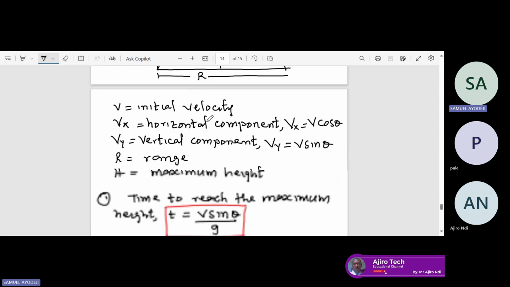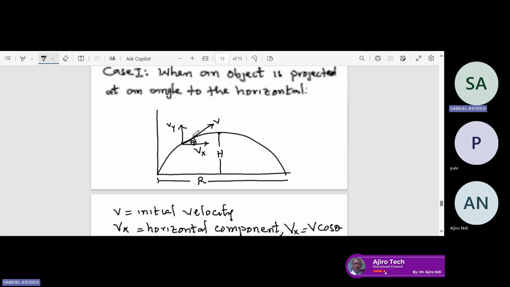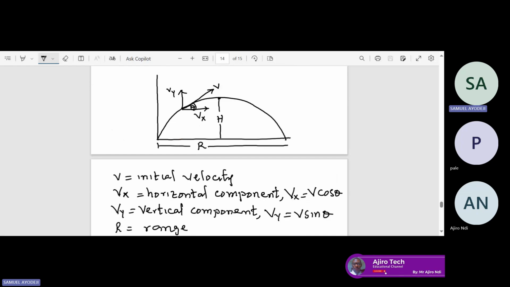Let's explain what V is. I use V here, they can also use U. Initial velocity can be U, it doesn't mean it must be V. Vx means the horizontal component and is given as V cos theta. Vy means the vertical component, which is given as V sin theta. The horizontal range is from here to here.